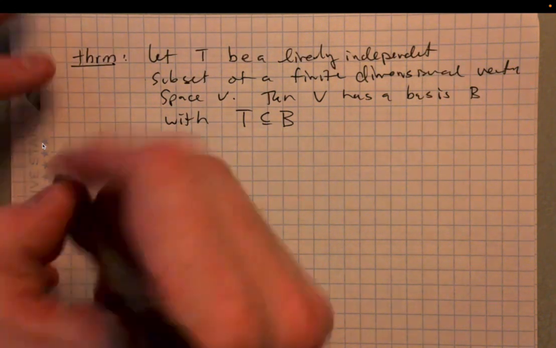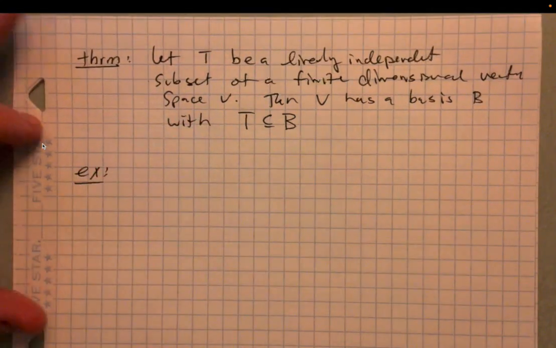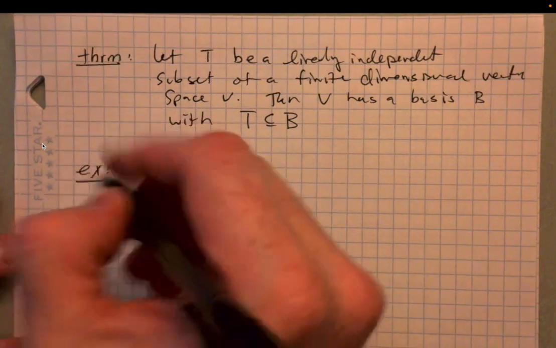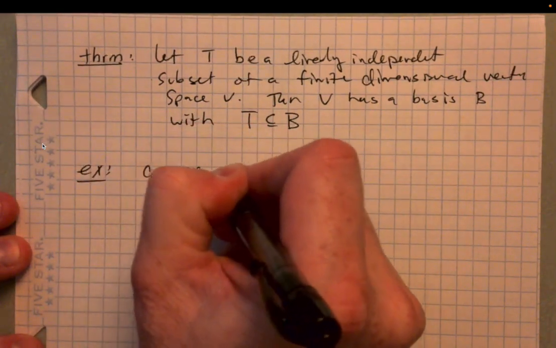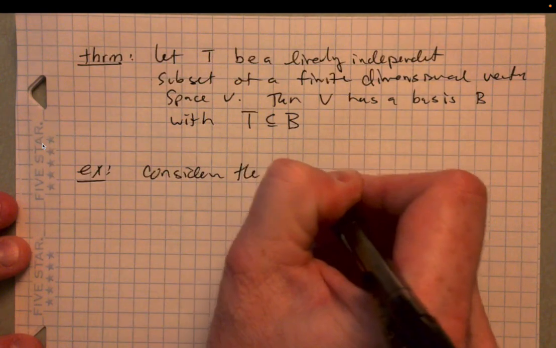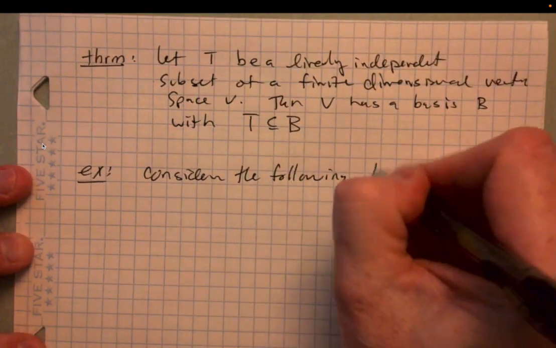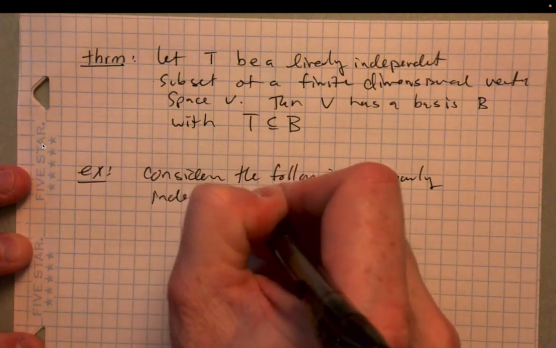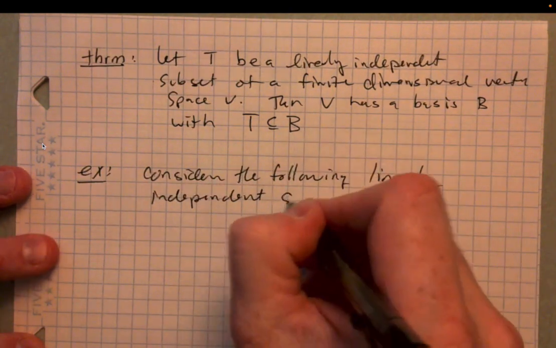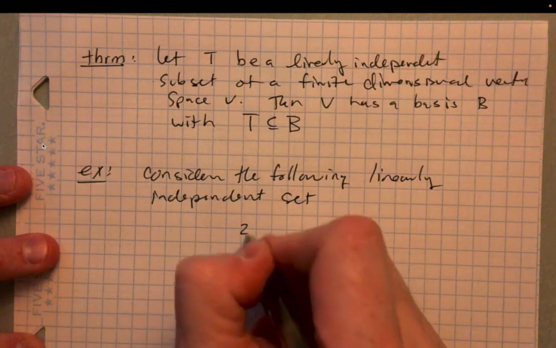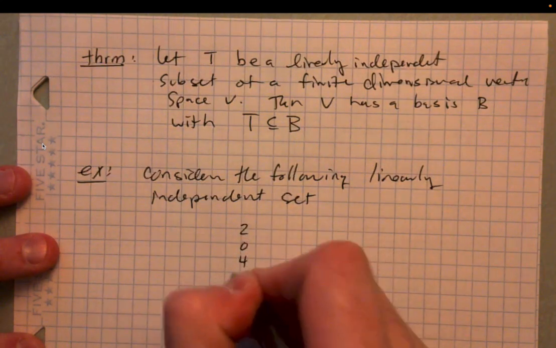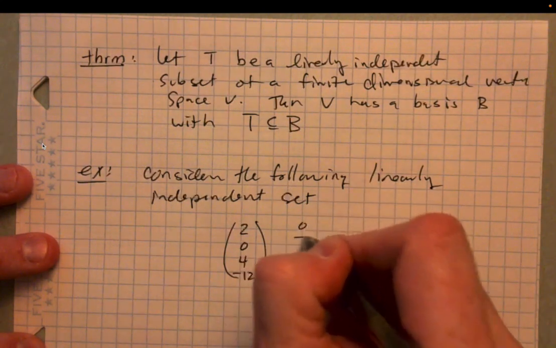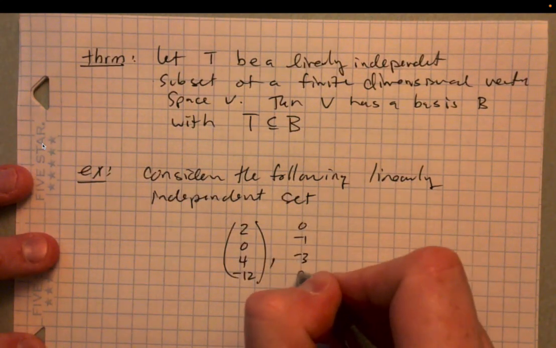Let's see an example of this one. This is a very useful way to do things. Consider the following linearly independent set: (2, 0, 4, -12) and (0, -1, -3, 9).